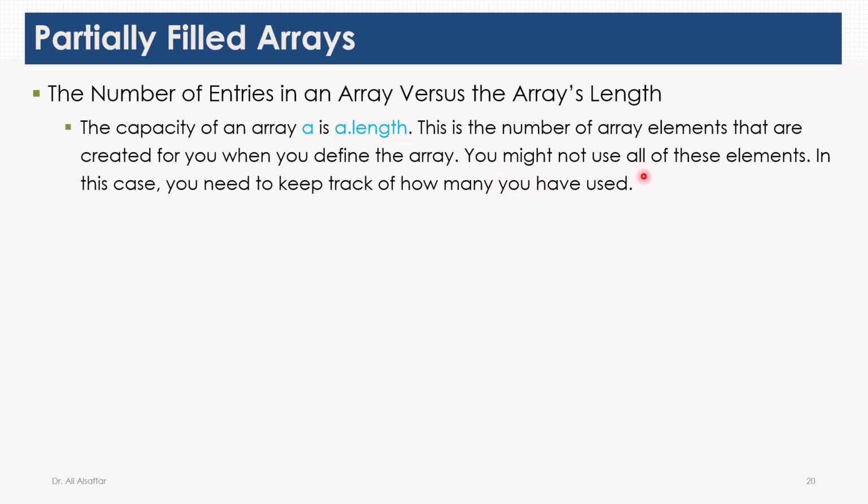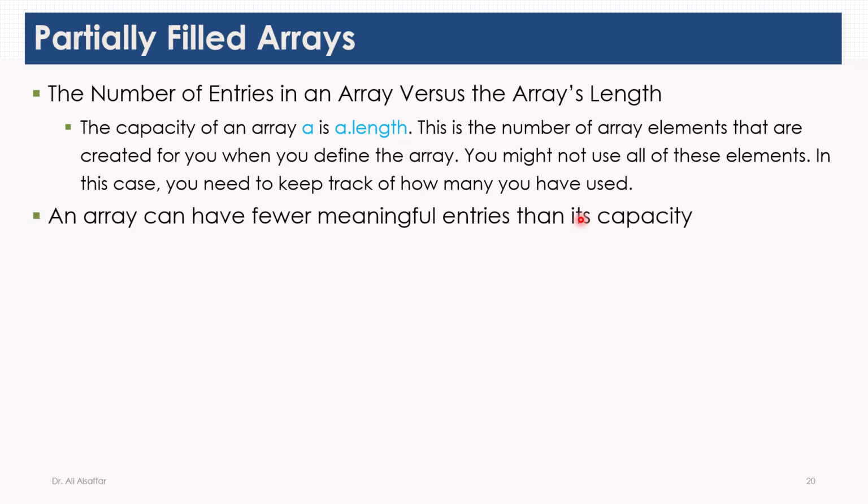Now, you might not use all of these elements. In this case, how do you keep track of the number of elements that you are using in the array? You need to keep track of how many you have used. So you have to associate an integer variable that keeps track, and whenever you add an element into the array, it is updated to reflect the number of elements used in the array.